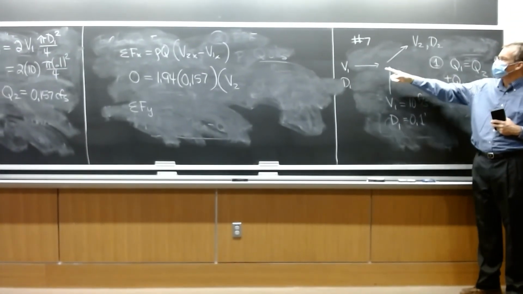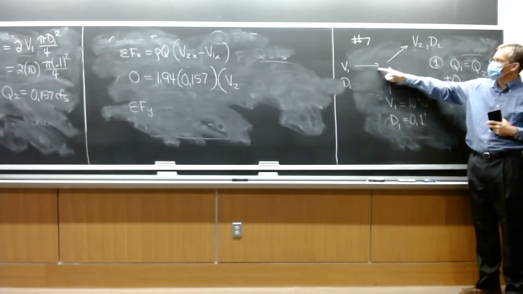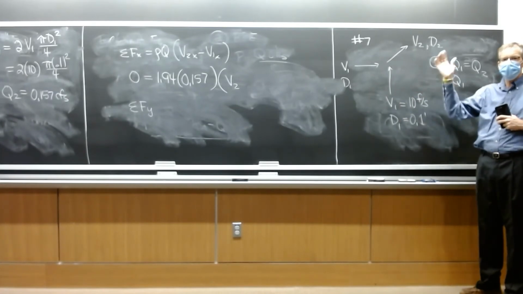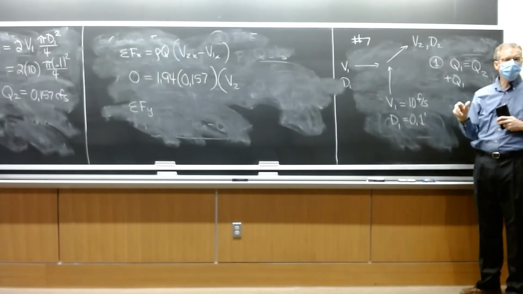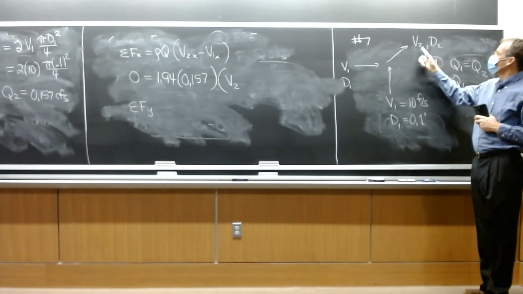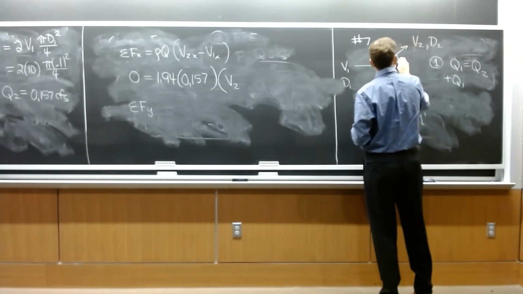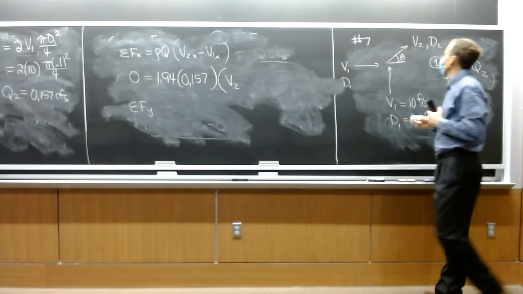we can separately do the momentum equation for the x and the y. And then that will give us an equation for the sine of the angle and the cosine of the angle, where V2 is in this unknown direction, theta.